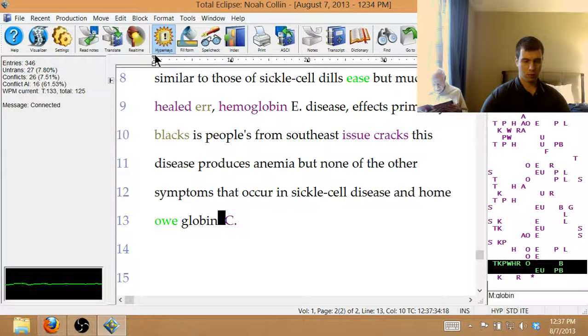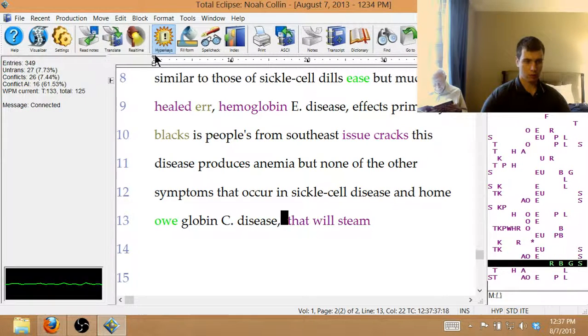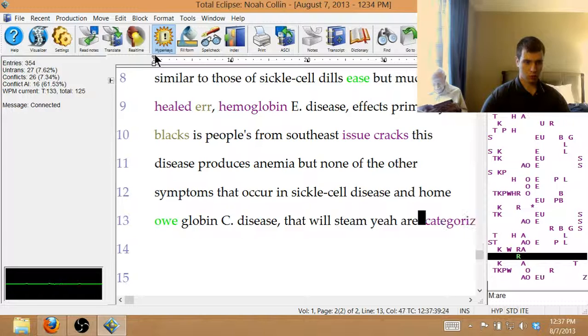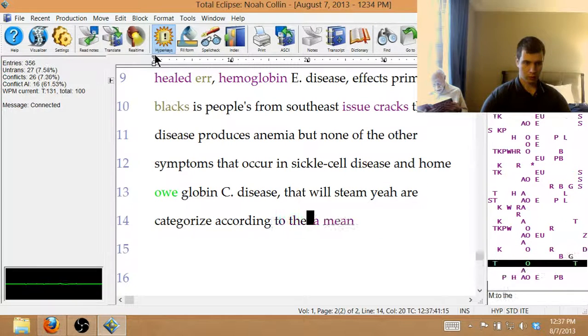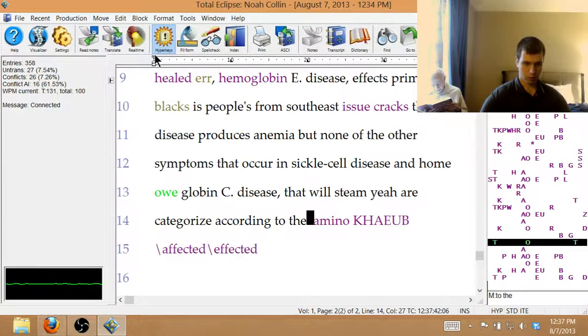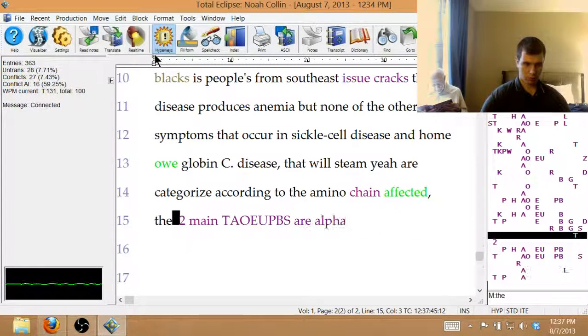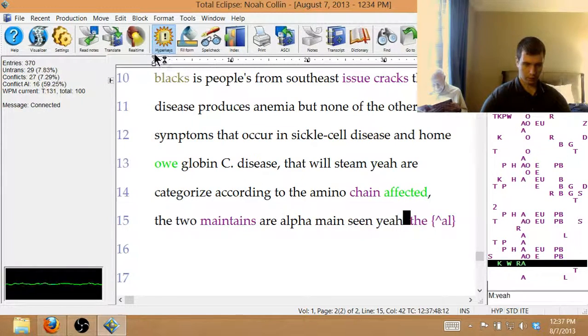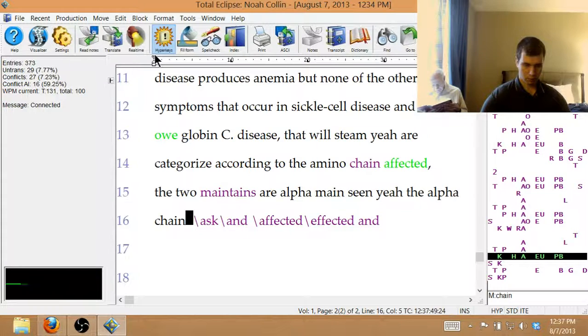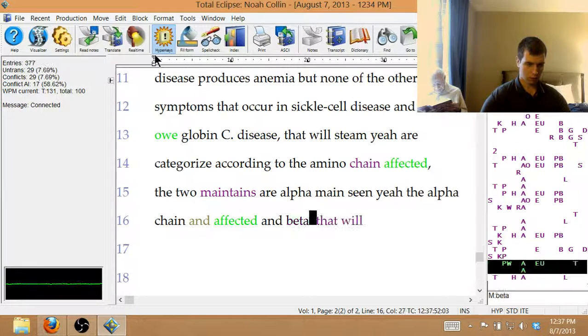Thalassemias are categorized according to the amino acid chain affected. The 2 main types are alpha thalassemia, in which the alpha chain is affected, and beta thalassemia, in which the beta chain is affected.